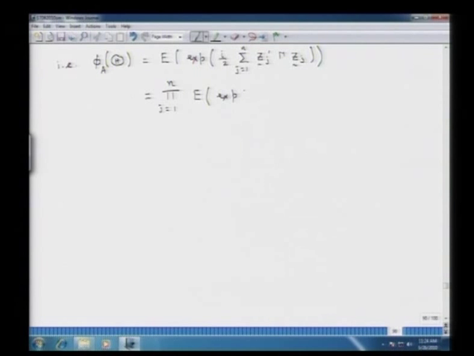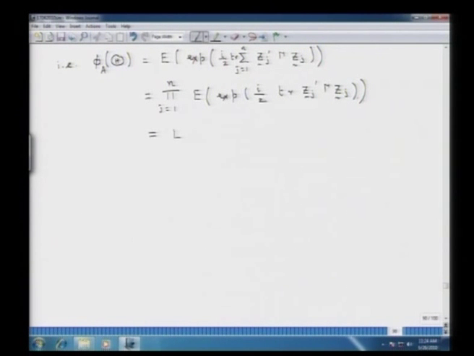So, expectation of e to the power i/2, there is a trace sitting here, i/2 trace of one of these quantities, that is Zj transpose gamma times Zj. Now, note that these Zj's are all IID random vectors, and hence whatever the expectation for one Zj, that would be the same for the other Zj terms.